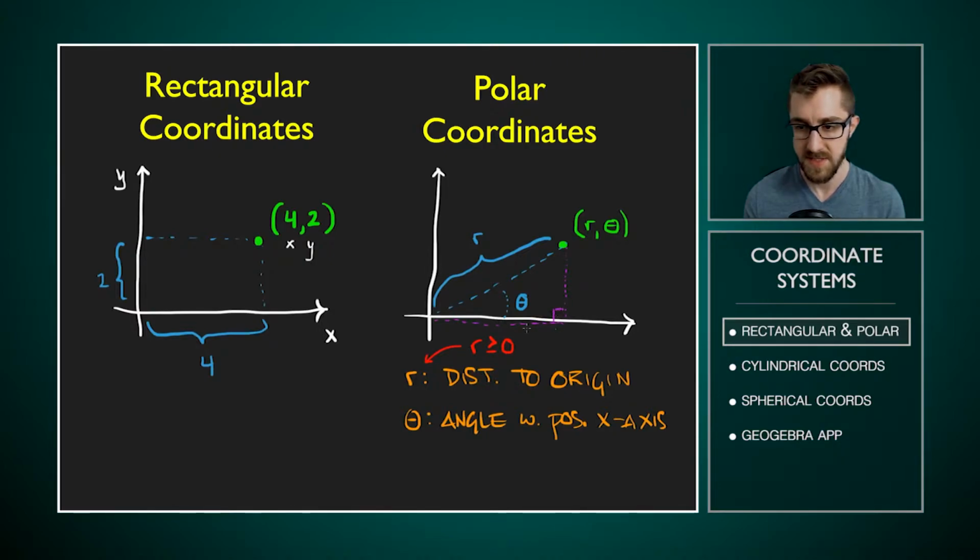Using the fact that this is a right triangle and doing some trigonometry, you arrive at x equals r times cosine theta, and y equals r times sine theta. Again, this comes from relating the cosine of this angle to the length of the adjacent side and the hypotenuse of this triangle, and the same thing for sine.